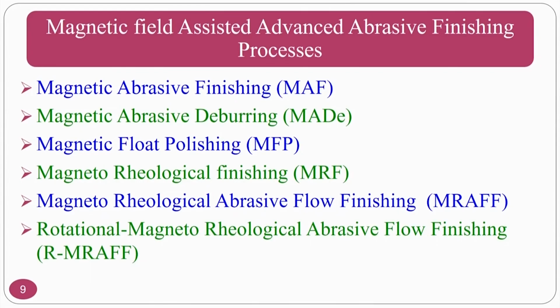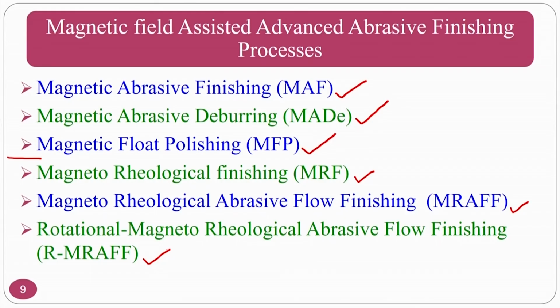In this section of magnetic field assisted finishing, we are going to study magnetic abrasive finishing, magnetic abrasive deburring and magnetic float polishing. These three we will study in this particular section, followed by other processes where you will see magnetorheological finishing and magnetorheological abrasive flow finishing and rotational magnetorheological abrasive flow finishing processes.